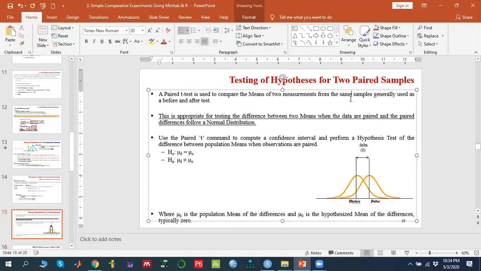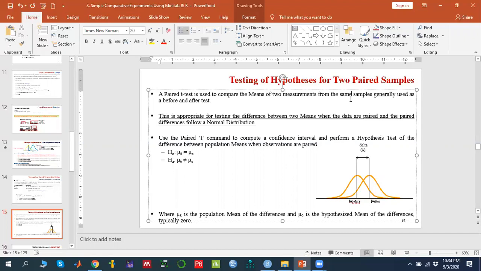We have selected 20 patients who have a headache. We measure the seriousness of the headache before, and then we give the medicine, and measure the seriousness of the headache after, in order to understand the effectiveness of that particular medicine.